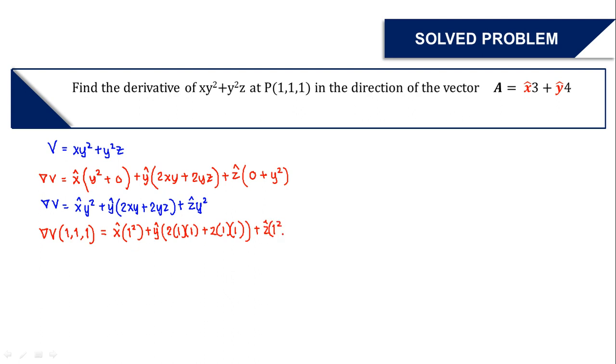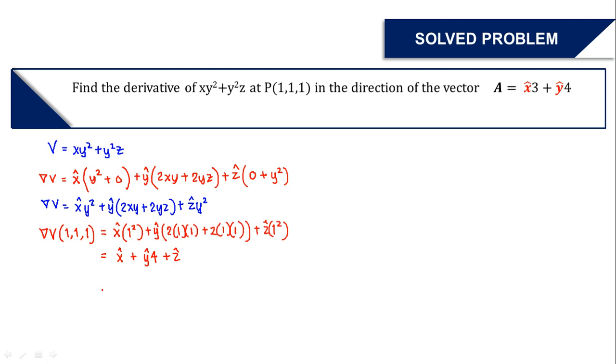Lagyan natin ng parenthesis. Okay? Simplify natin, we now have x hat plus, so sa y hat, we have 2 plus 2. We now have 4. No? We have y hat 4 plus z hat. Yan.